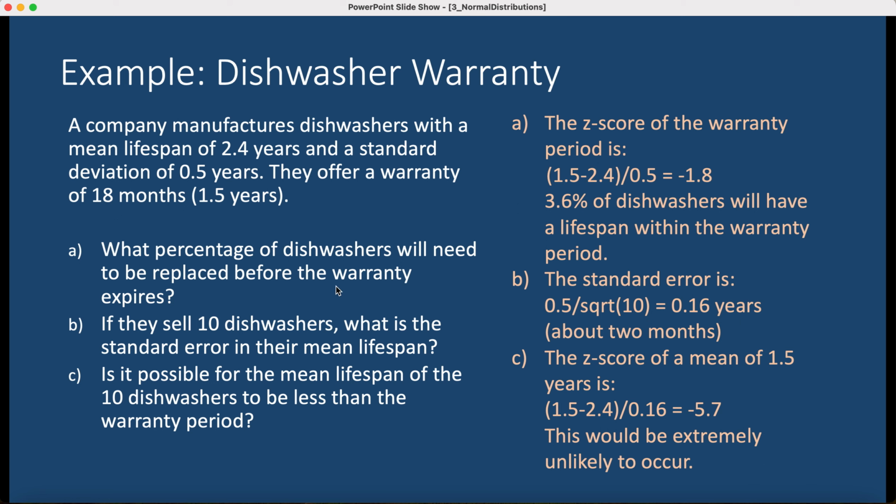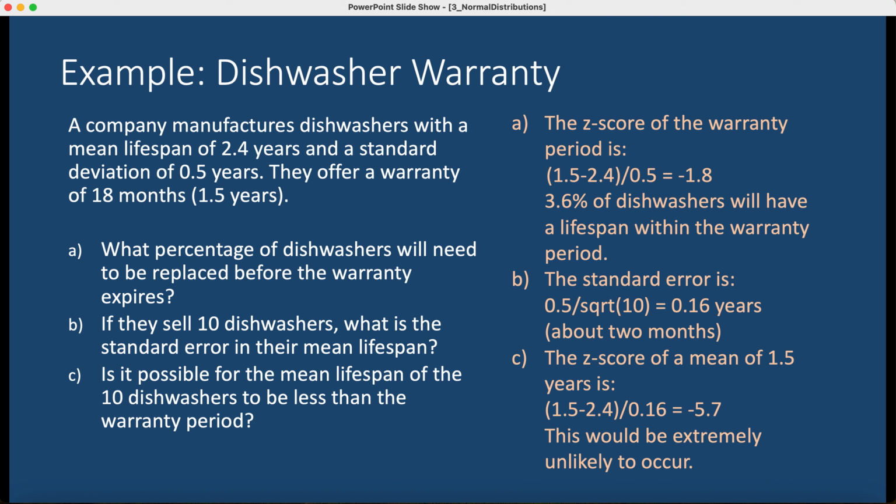Now, that's the normal distribution applied to a single value. Now we're thinking about the sample. Now we have a 10 dishwasher sample. And now we can think about variation within the sample. If you take 10 dishwashers in a random way, there's a chance that you could just get 10 duds, right?